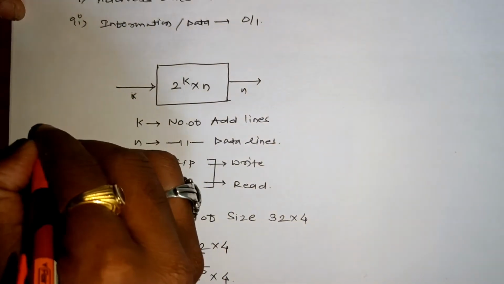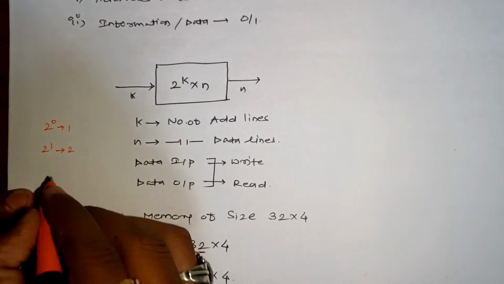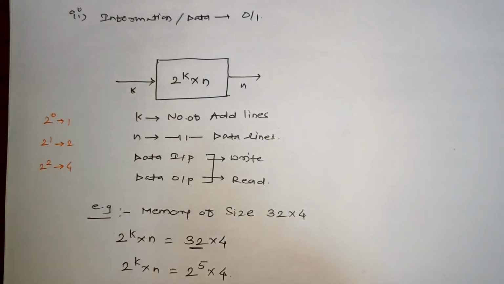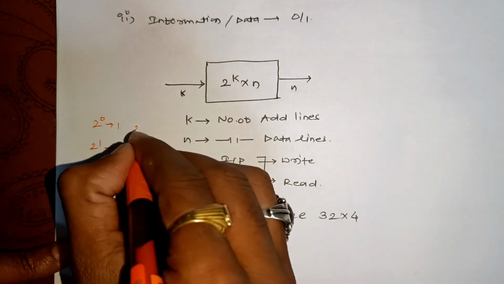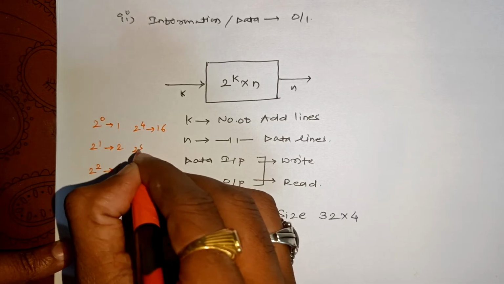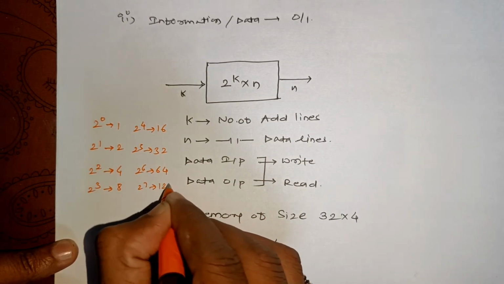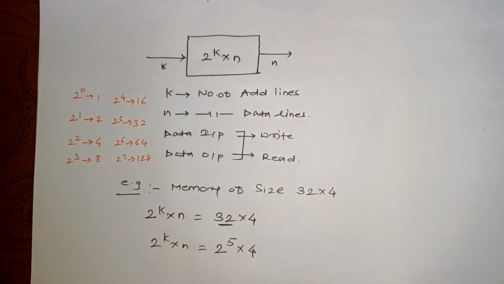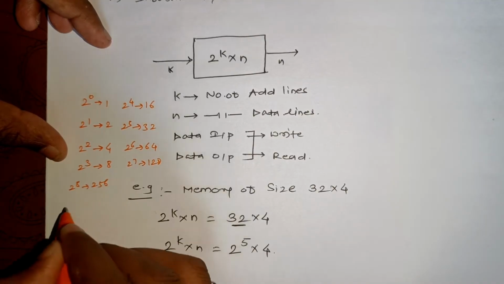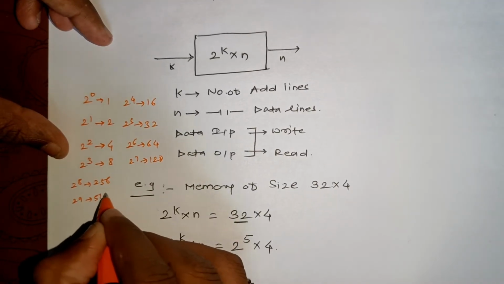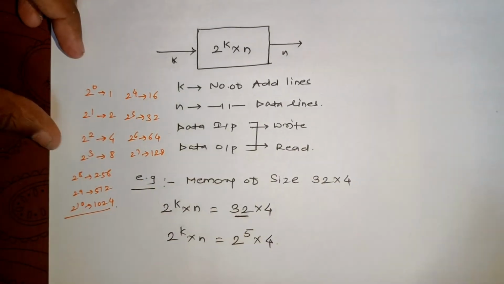So always remember these terms. 2 raised to 0 is 1, 2 raised to 1 is 2, 2 squared is 4, 2 cubed is 8, 2 raised to 4 is 16, 2 raised to 5 is 32, 2 raised to 6 is 64, 2 raised to 7 is 128 and so on. Okay, so these elements are required. Again if I write up to this, 2 raised to 8 will be 256, 2 raised to 9 is 512 and 2 raised to 10 will be 1024.